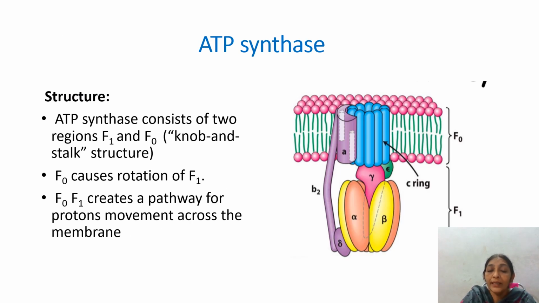In the structure of ATP synthase, you have two components basically, F1 and F0. F1 is a knob-like structure and F0 is the stalk structure. The F1 knob-like structure protrudes from the inner membrane of mitochondria towards the matrix, and F0 is the stalk-like structure located in the inner membrane itself.